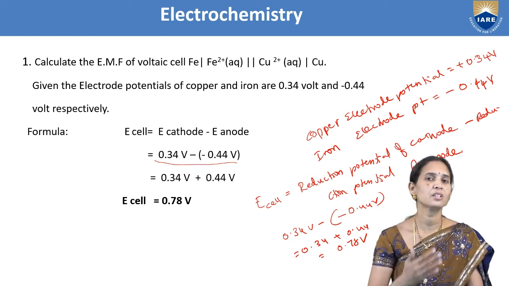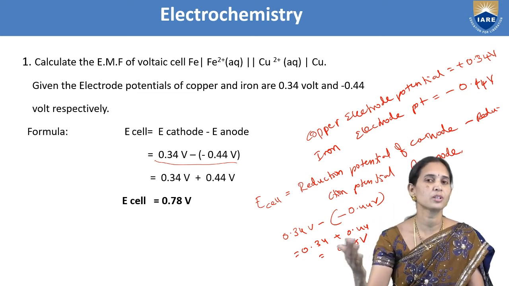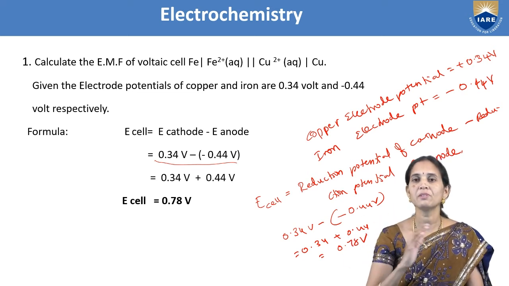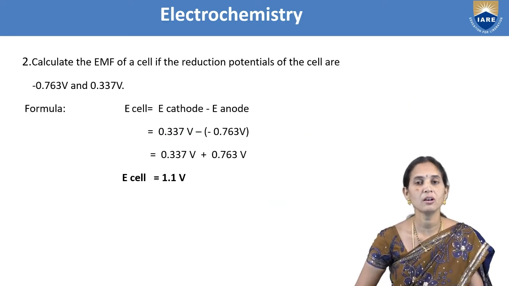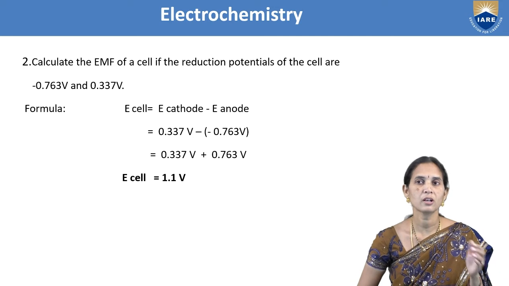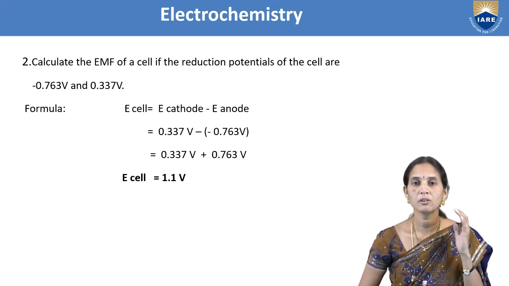Always we will take electrode potential in reduction reaction only, the reduction potential of the electrodes. When we take reduction potential, the electrodes which are undergoing a reduction reaction, we give a positive sign. The electrodes which are undergoing oxidation reaction, we give a negative sign.